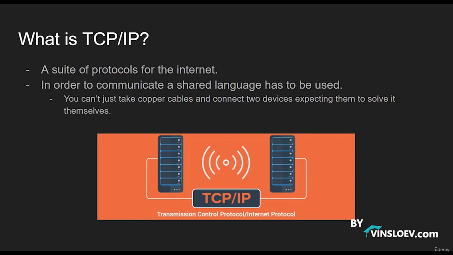You just can't take a copper cable and connect two devices and then expect them to figure this out on their own. They need some basic language that they both understand in order to communicate, similar to us humans, where we need a language that the two of us understand in order to understand what the other one is saying.